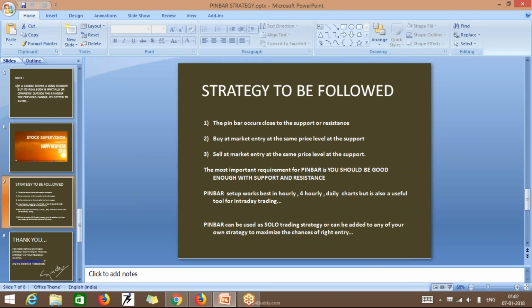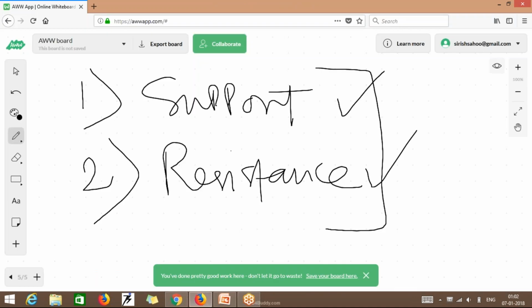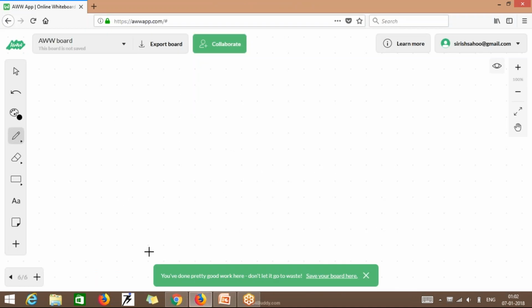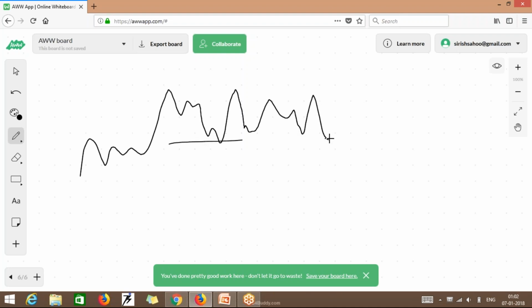So the very first strategy is the pin bar occurs close to the support and resistance. Whenever you are finding a pin bar, you need to check where the stock is trading. You can see at this point this price is continuously giving support to this stock.